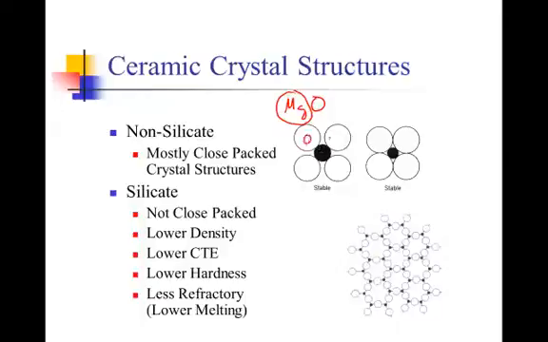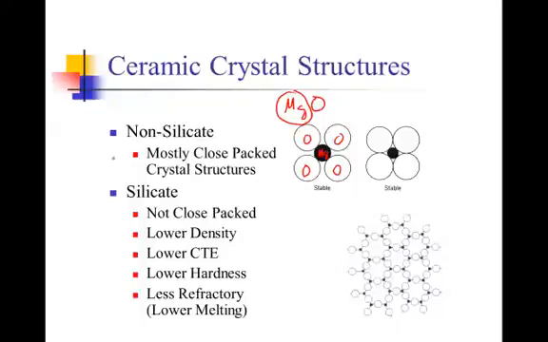If these four ions are oxygen anions, and this is a magnesium ion in the middle, and if there's an oxygen behind the board, behind the magnesium, and one in front of it that are not shown, then that would be the structure of magnesium oxide.